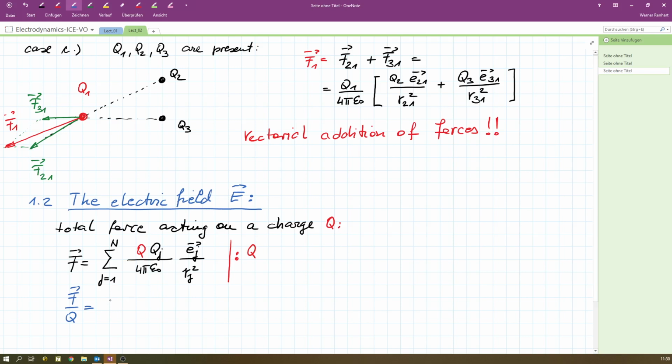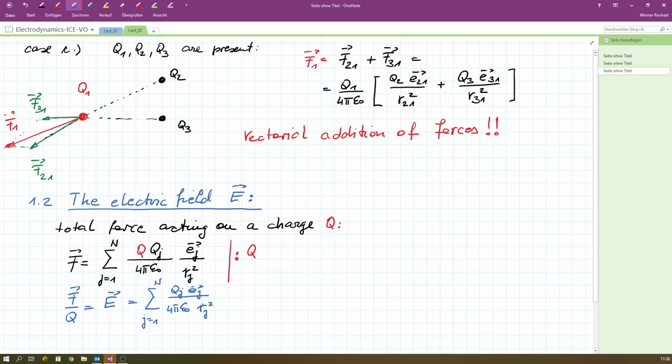Then we have the vector E, the electric field E, equals the sum over all j running from 1 up to uppercase N of qj ej over 4 pi epsilon 0 rj squared.